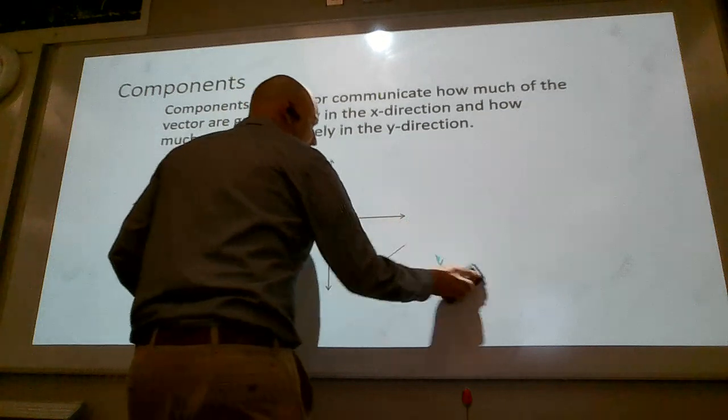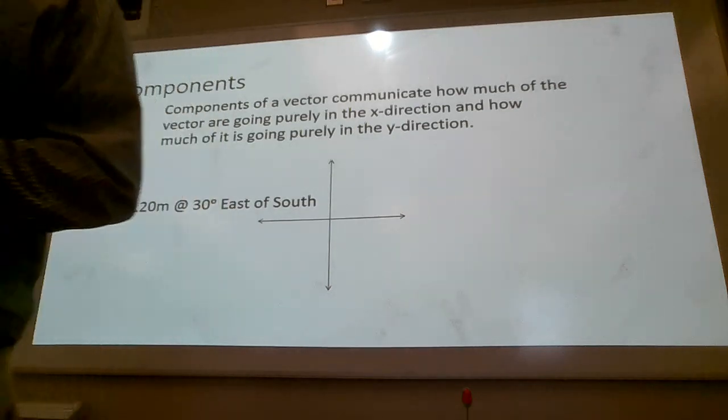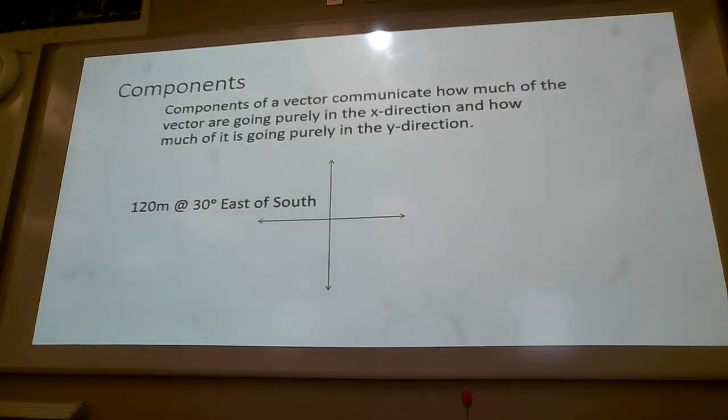All right, components. This is how much of a vector is going purely in the x direction and how much of the vector is going purely in the y direction.